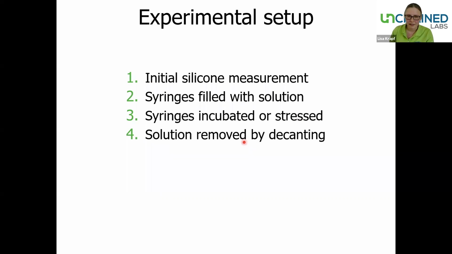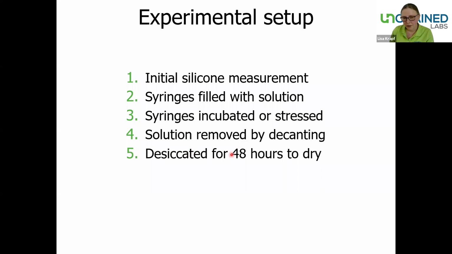Then the solution was removed by decanting, because we only analyze the syringes when they are not filled with product. Before we measured them, they were desiccated for 48 hours to dry, so that we don't have any effect from any liquid that's still sticking to the silicone. And then we measured the silicone after drying.